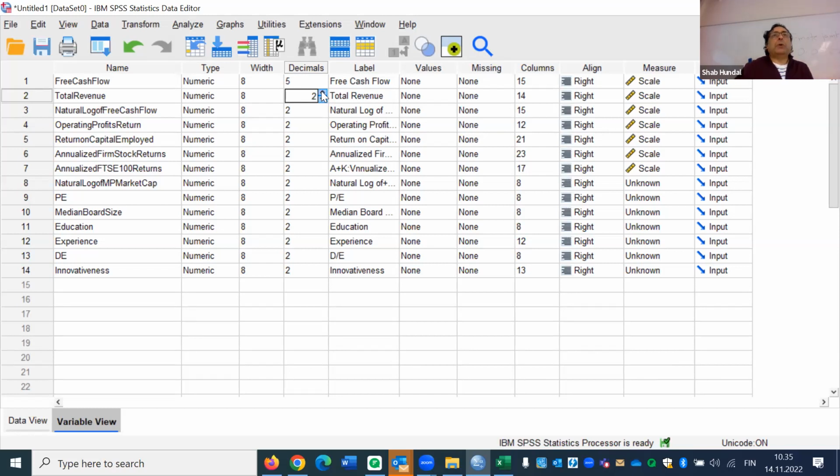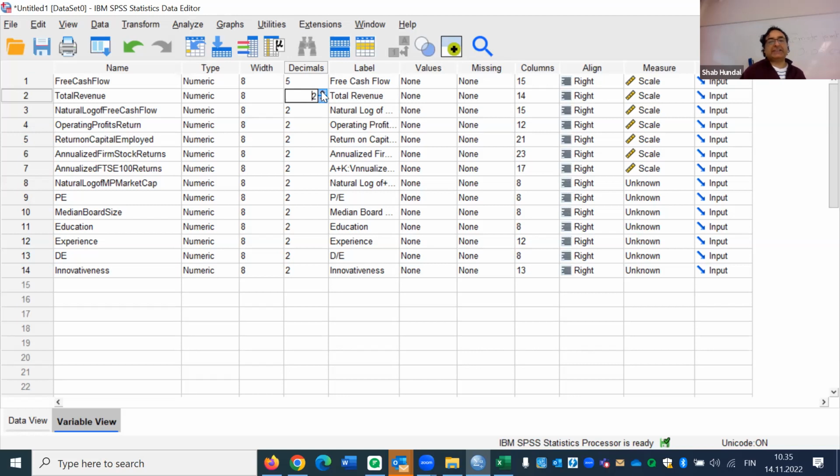Some numbers are very small, and by default, SPSS gives you 2 decimal points. So if the numbers start from the third or fourth decimal point and you take the second decimal point only, then all of them will become 0. And if everything becomes 0, there's no analysis.